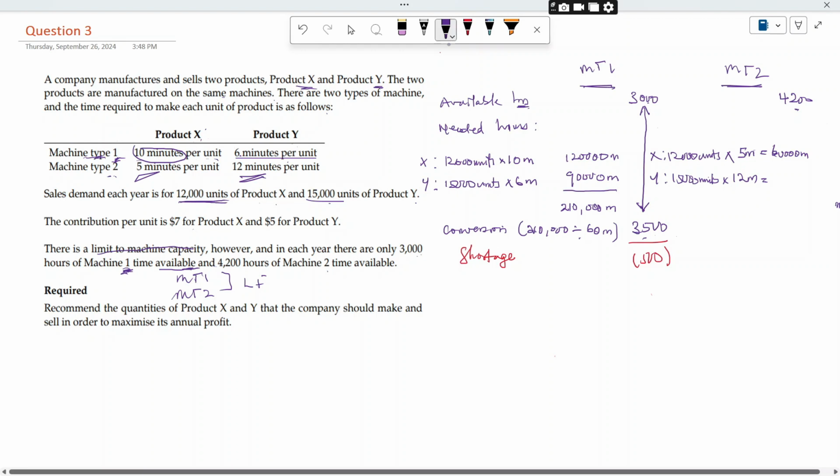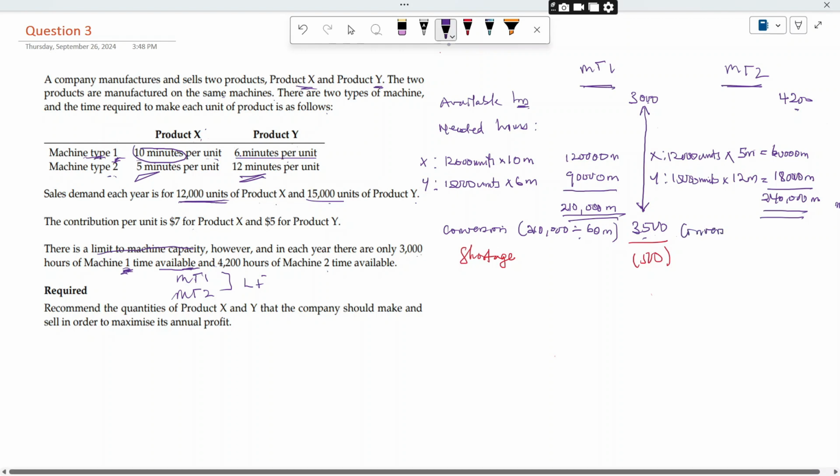Then 15,000 by 12, you are going to get 180,000 minutes. Now, let's add 180,000 to 60,000, giving us 240,000 minutes.